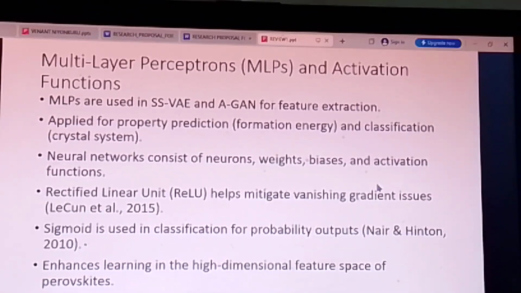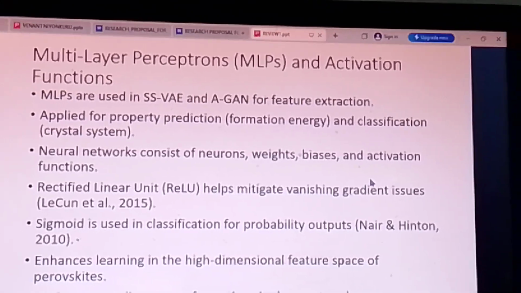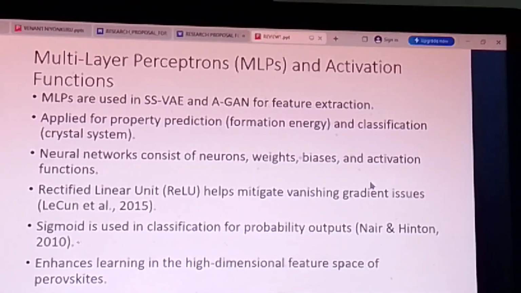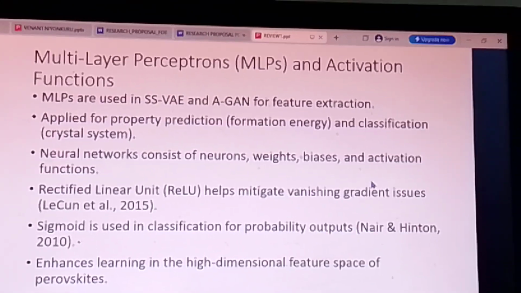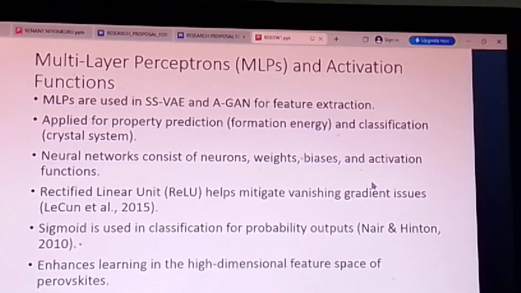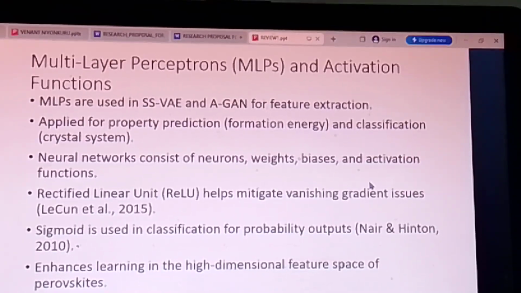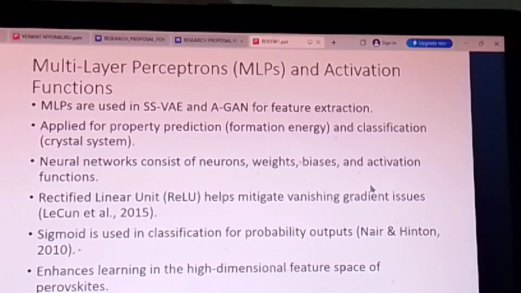A neural network consists of neurons, weights, biases, and activation functions. Rectified linear unit helps mitigate vanishing gradient issues. Sigmoid is used in classification for probability output.